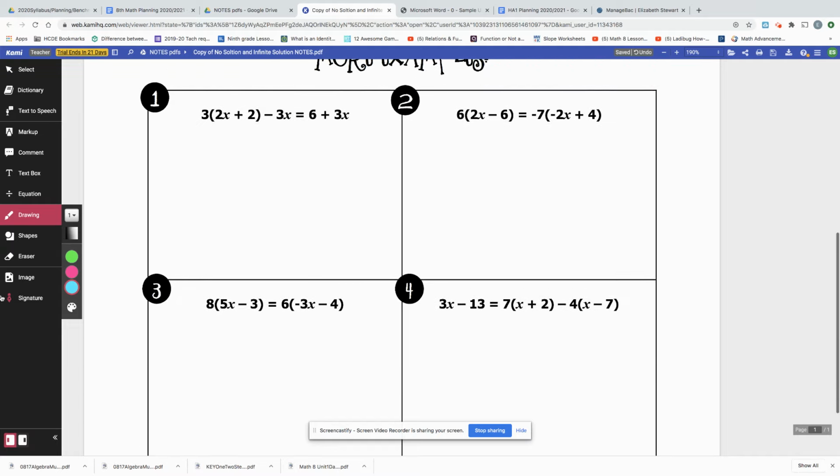Coming down here to more examples. Distribute 3 to 2x and 2.